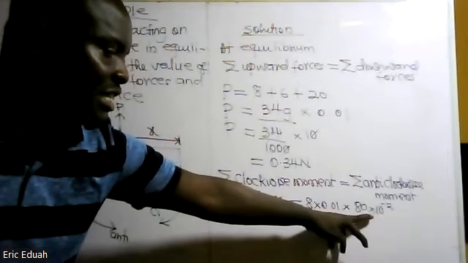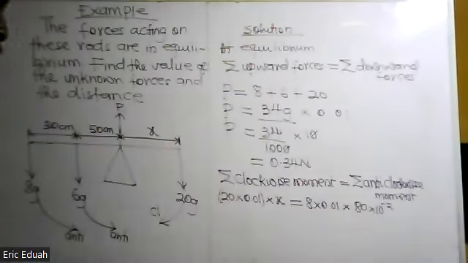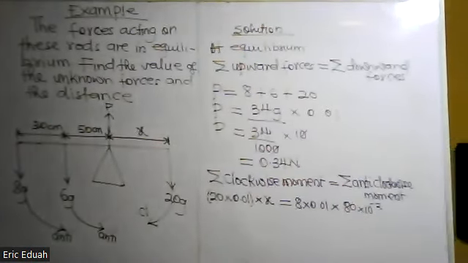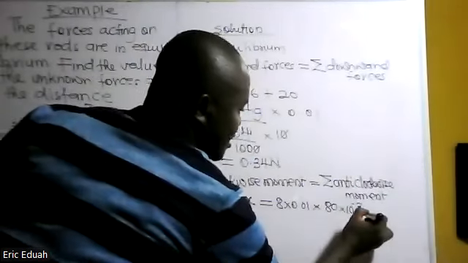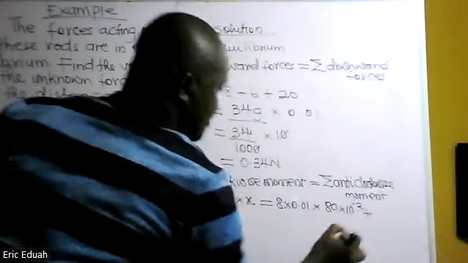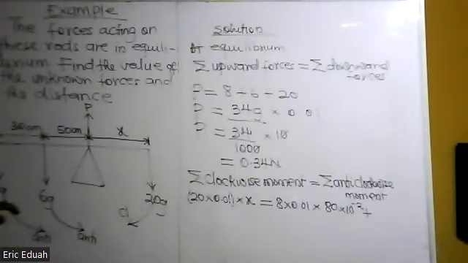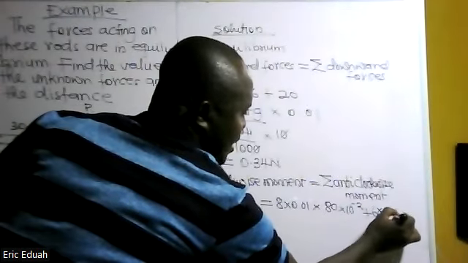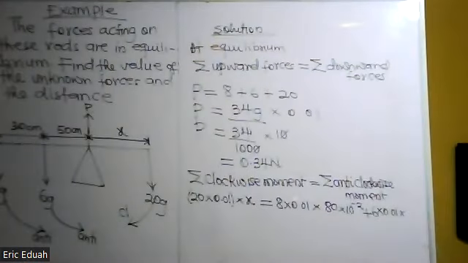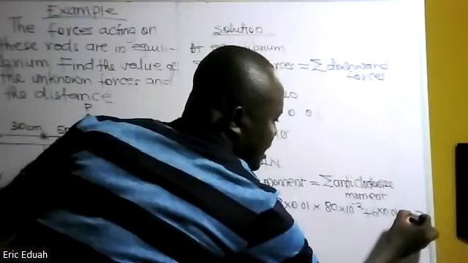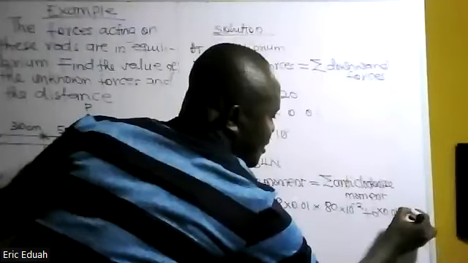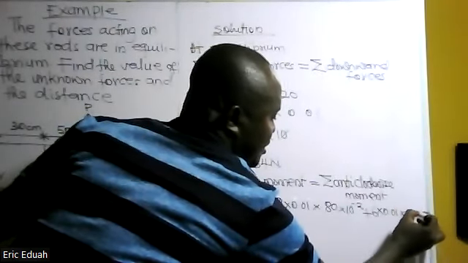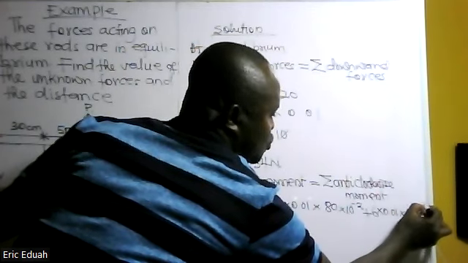We are also converting the distance from centimeter to meter. So plus the 6. 6 times 0.01 times the perpendicular distance, which is 50. So 50 times 10 to the power negative 2.